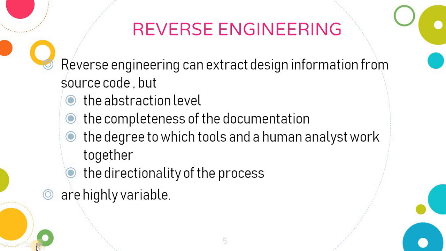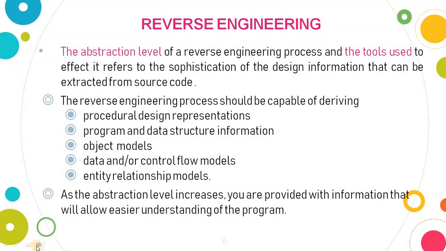From the design we will get the details of a product, but the degree of abstraction level, the completeness of the documentation, the degree to which the tools and humans interact with each other, and the directionality of the process may not be that clear. So we are thinking about these unclear things first. What are the things that are not that common in reverse engineering?